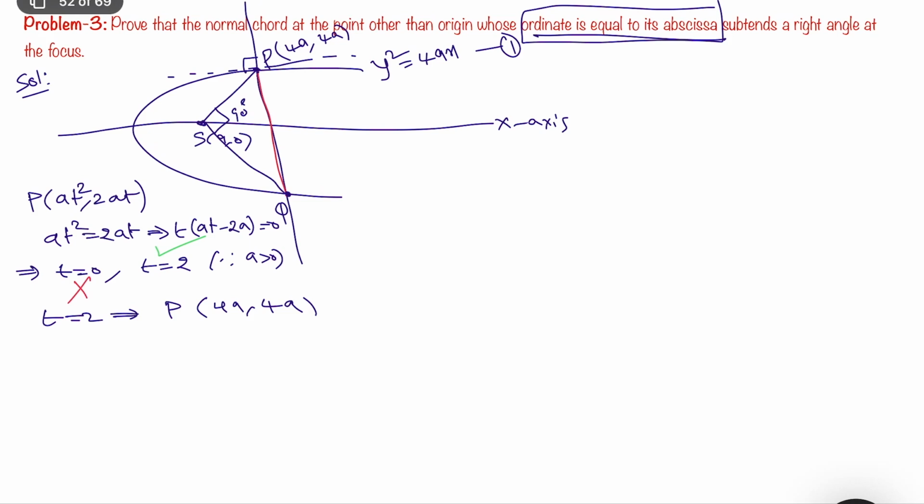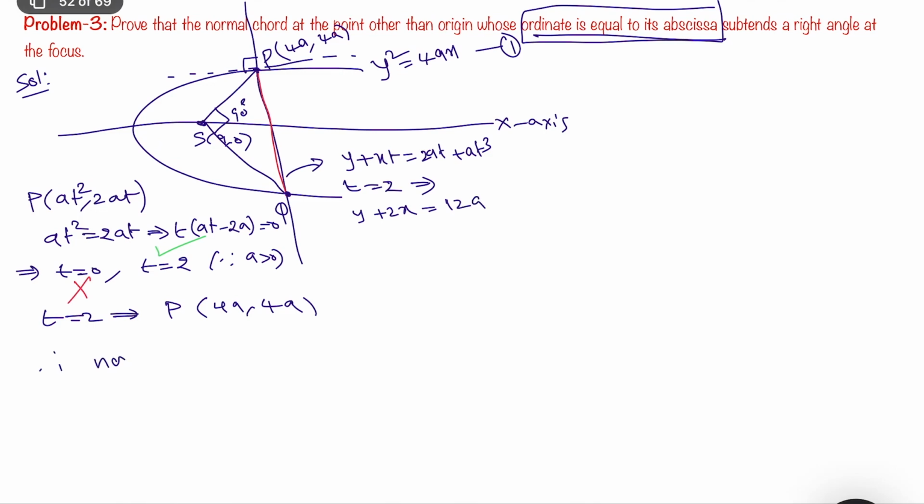Now we can write the normal equation in parametric form: y plus xt equal to 2at plus at cube. Here for t equal to 2, this normal equation will be y plus 2x equal to 4a plus 8a, which is 12a.